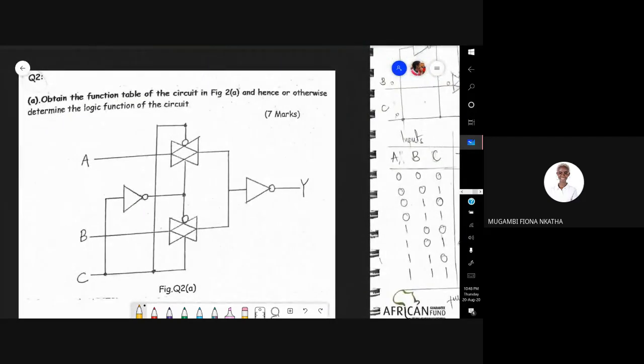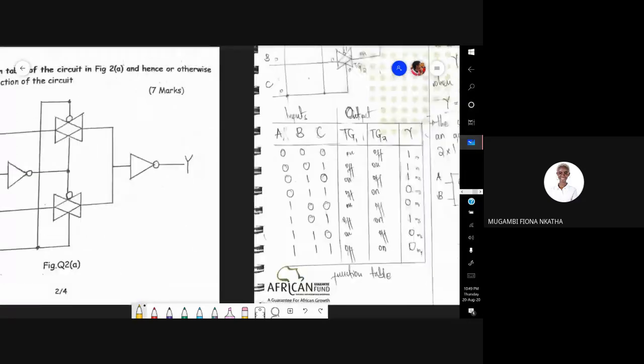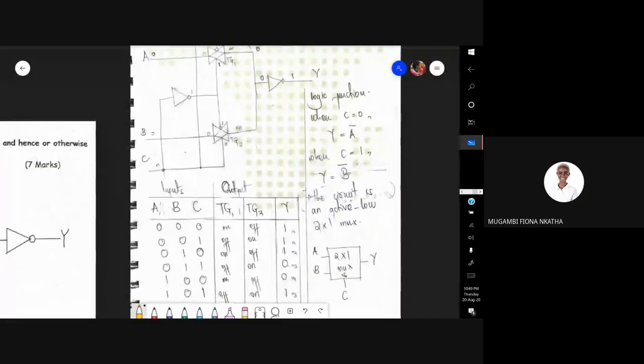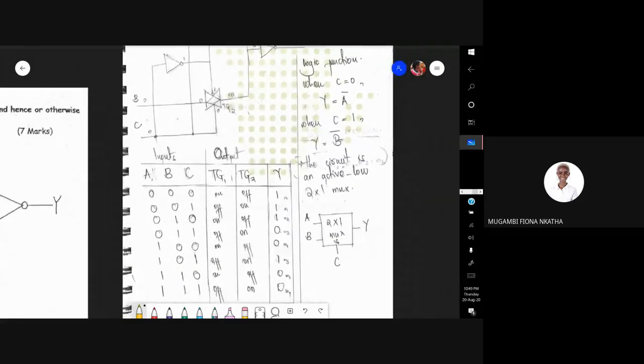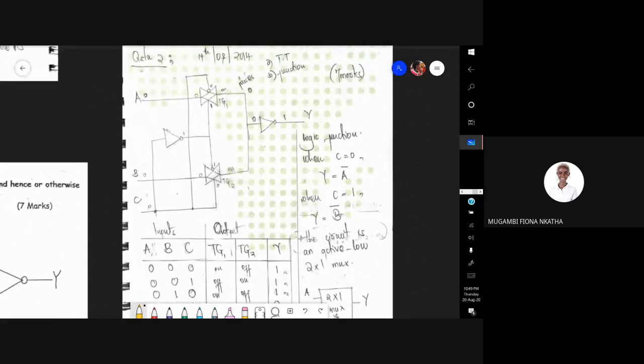We had prepared so many questions. Obtain the function table of a circuit, and hence or otherwise determine the logic function of the circuit. So the function table is this. This is the truth table.